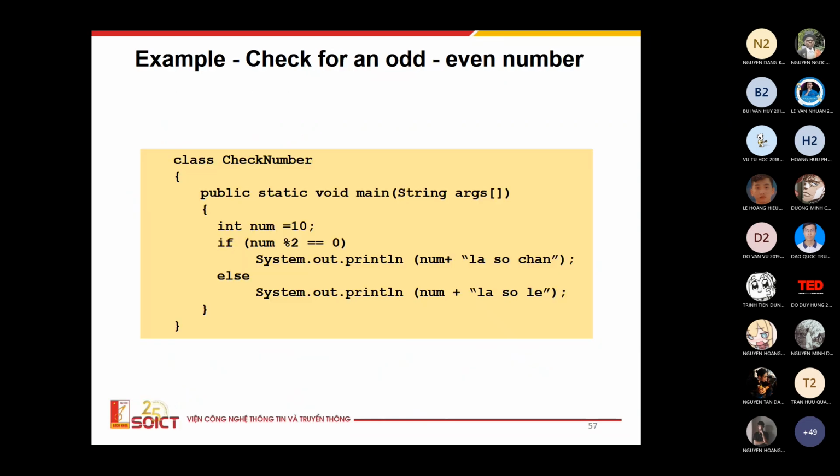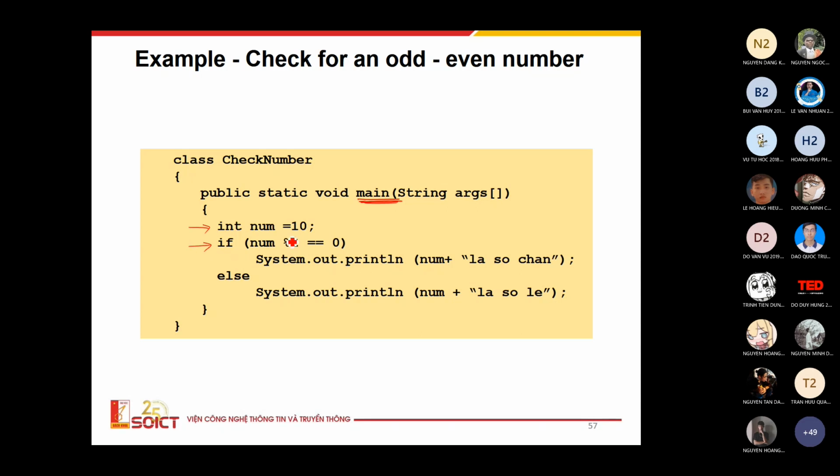Okay, and for example, you will have this example, and I think you can try to see what will be the result. For example, you have a main method here, and then you declare something.